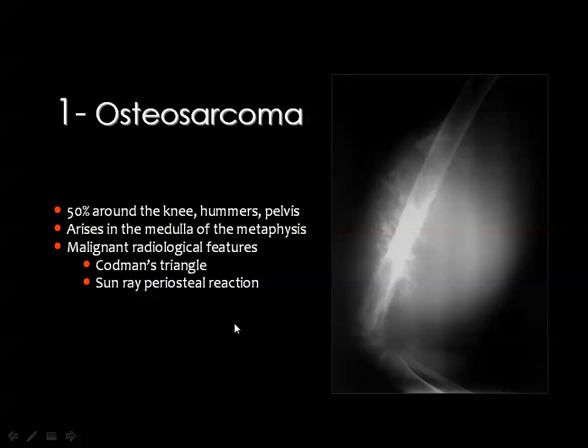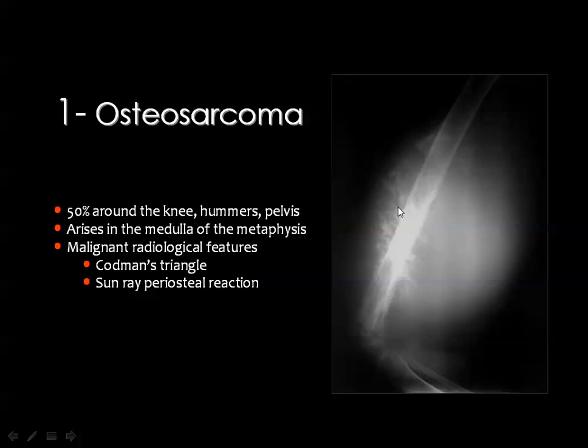This lesion is a metaphyseal pathology. It is usually associated with bone destruction and sometimes bone sclerosis, and very commonly you can see this very characteristic periosteal reaction, which is known as the sun ray spiculations.